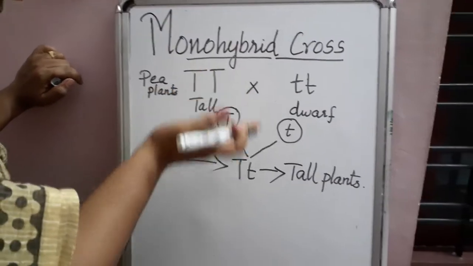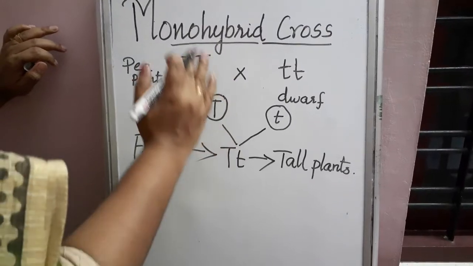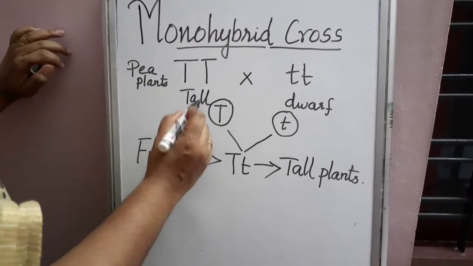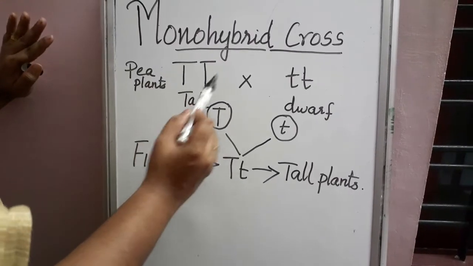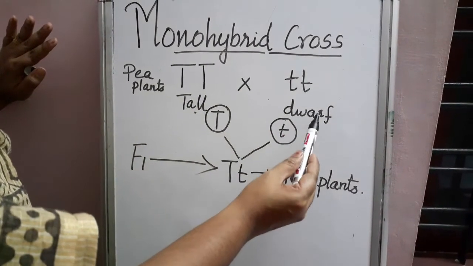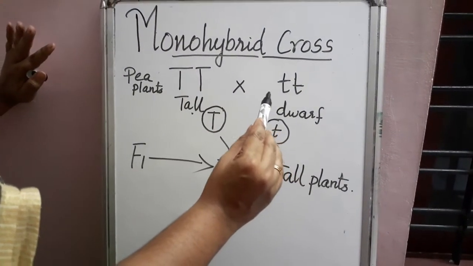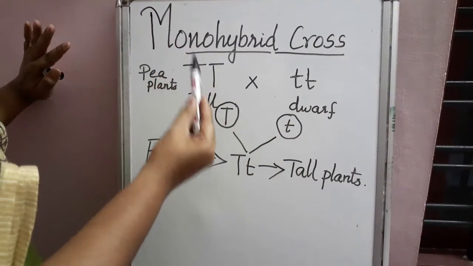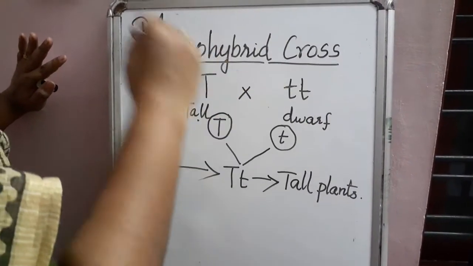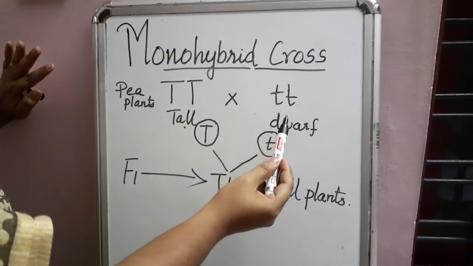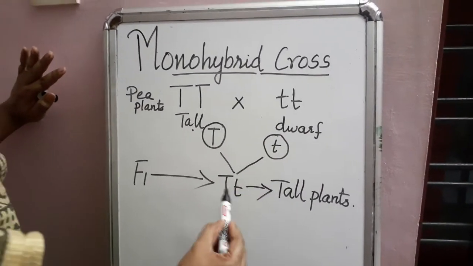Once again, I will say till here. He took two pea plants, one with the tall characteristic, capital T, homozygous, and another dwarf plant, small t, and did cross pollination. He took the pollen grains from one plant and kept them on the stigma of another plant, and the generation he got was all tall plants.